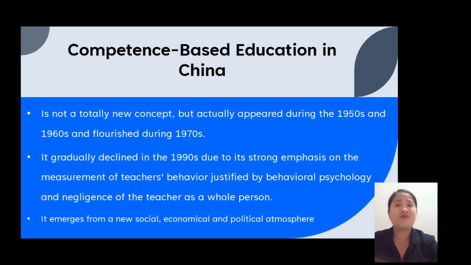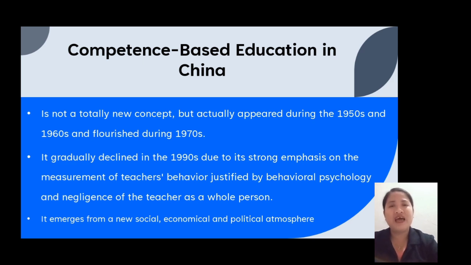Historically speaking, competence-based education is not a totally new concept, but actually appeared during the 1950s and 1960s and flourished during the 1970s, aimed at the training of school teachers in America. It was then adopted in the field of vocational education, including teacher education in Canada, the United Kingdom, and other European countries in the 1980s.